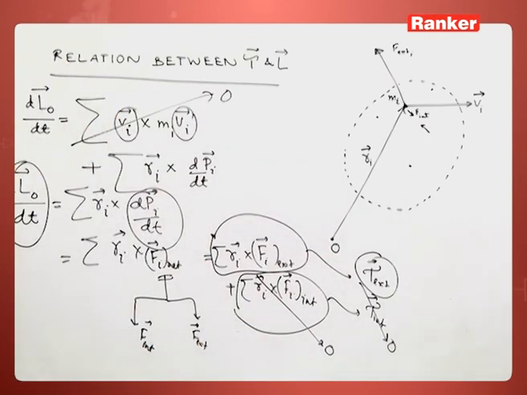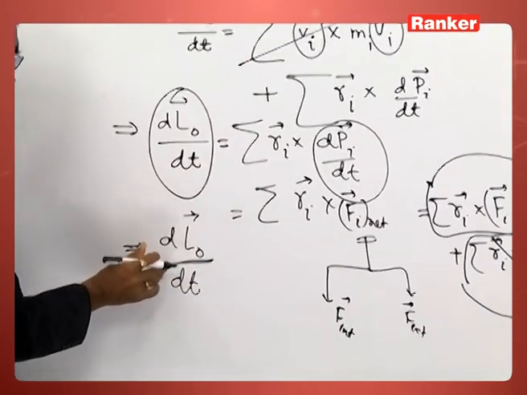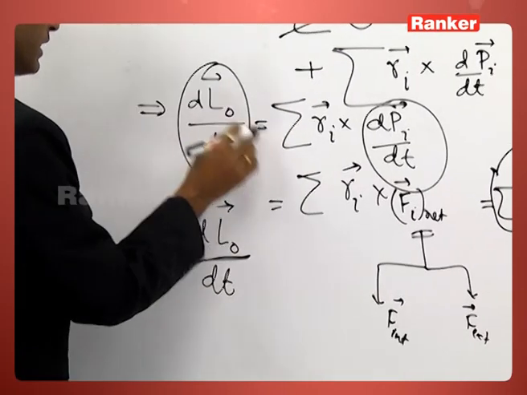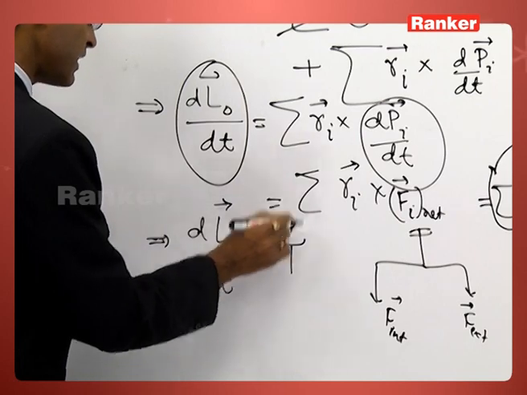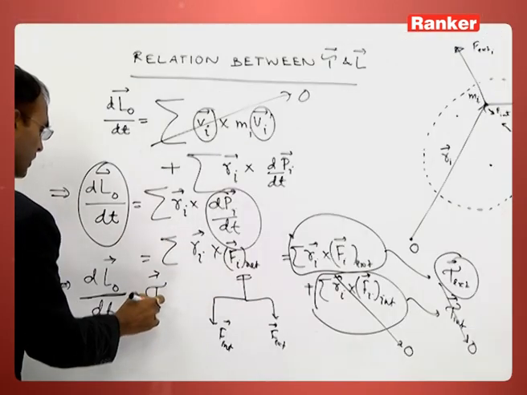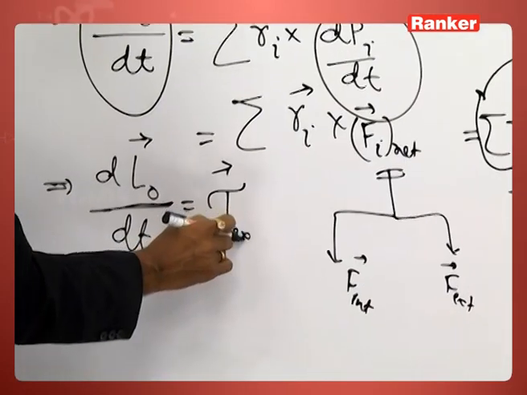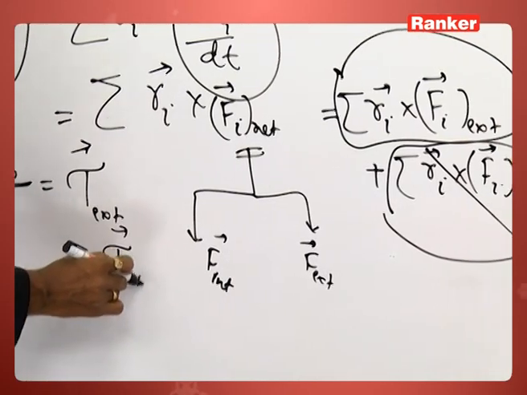Therefore, the rate of change of the angular momentum of the system of particles about a reference point O is equal to the torque experienced by the system of particles by the external forces only. We can call it net torque or torque due to the external forces as a whole.